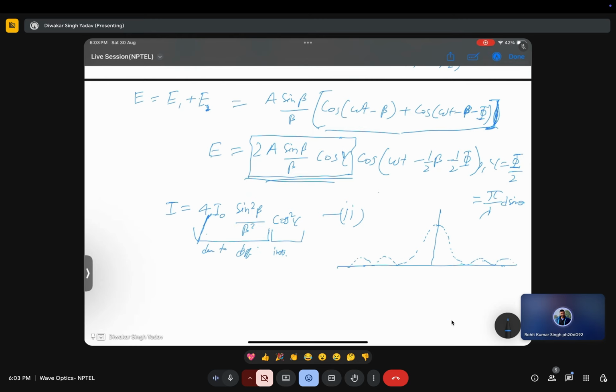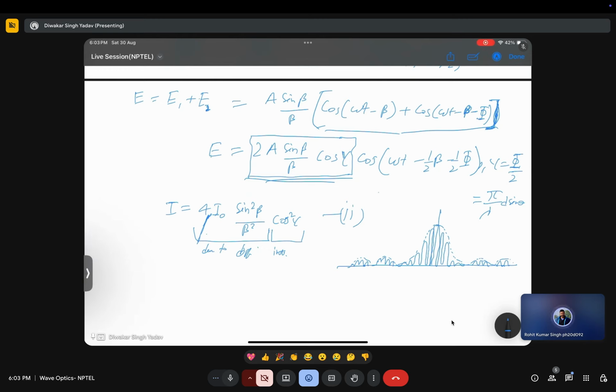But inside this profile you will have this interference thing. You remember the interference pattern, right? Okay, so it will look something like this.